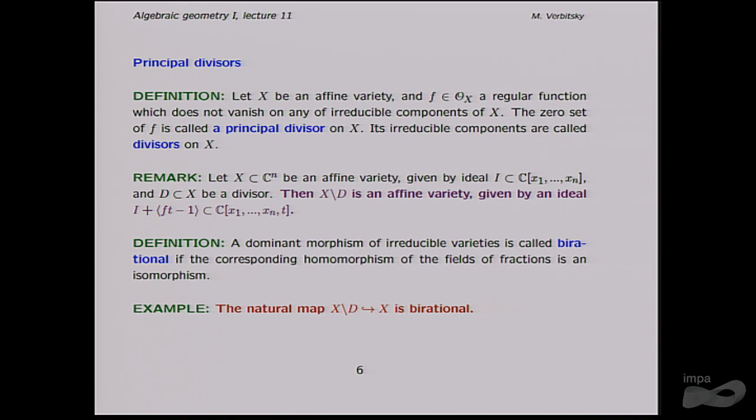Now let's discuss divisors. I told you that a divisor is a variety which is defined as the zero set of a function. This is not entirely true.